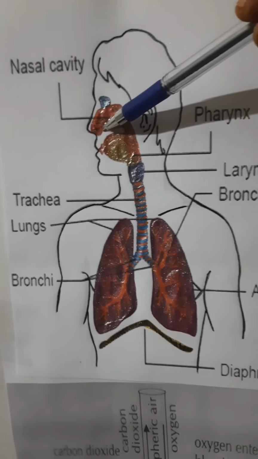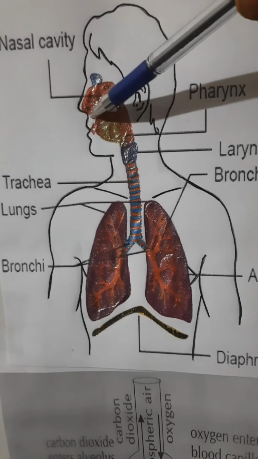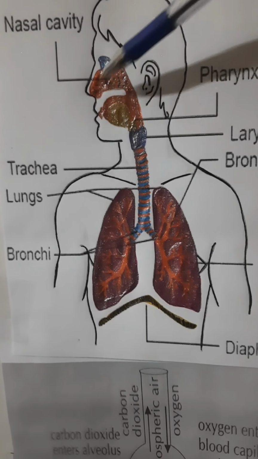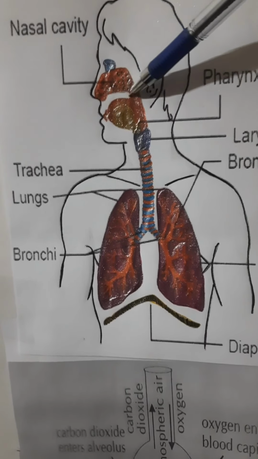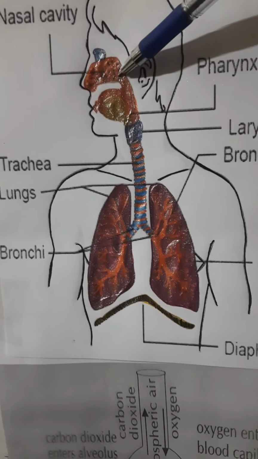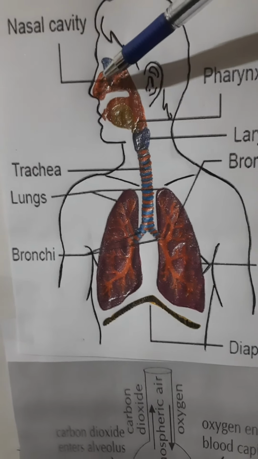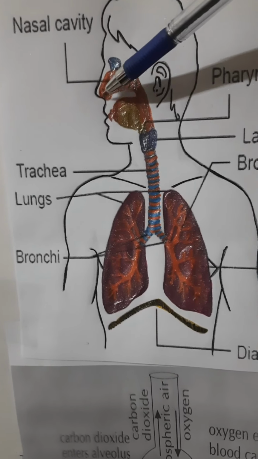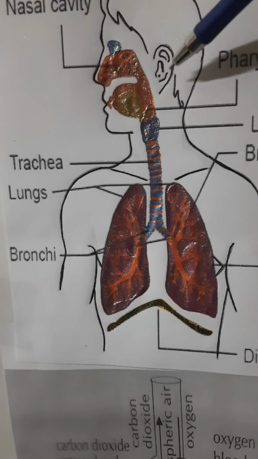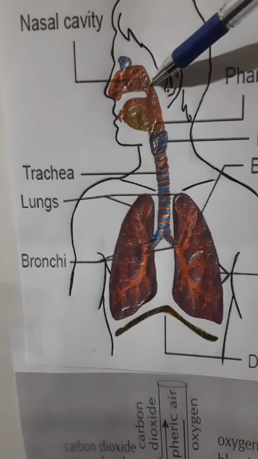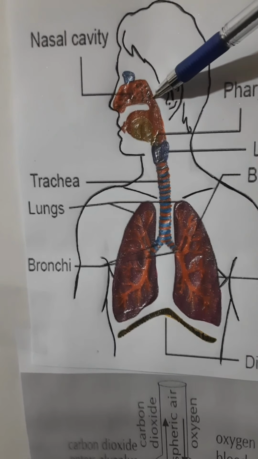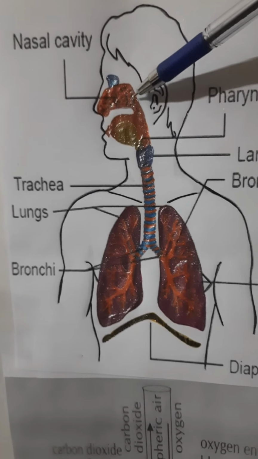Our nose has two holes which are known as nostril, and there is a passage behind the nostril which is known as nasal cavity. Normally we take in air through our nostril, and when we inhale air it passes through our nostril into the nasal cavity. Now what is the function of the nasal cavity?